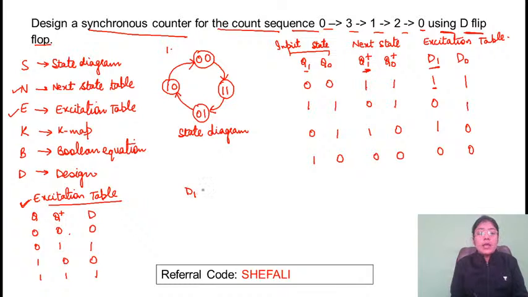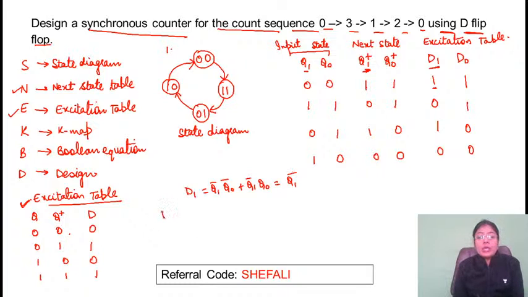For D1, we are getting the value 1 here. That is Q1 complement, Q0 complement. 1 you are getting here, that is Q1 complement and Q0. So if you take Q1 complement common, this comes out to be Q1 complement. This is the minimized expression.